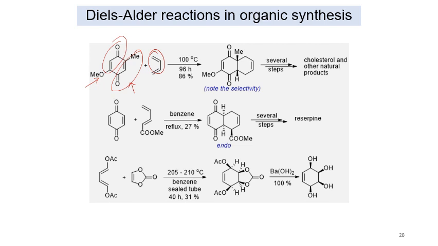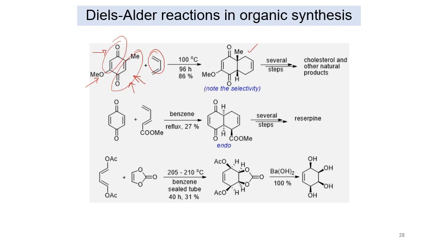It is a normal type of diene with no electron withdrawing effects on it. Therefore, you get the reactivity arising only out of this particular enone system and not the electron rich enone system. So you get this particular transformation, and you can note here that this is also an endo selectivity.